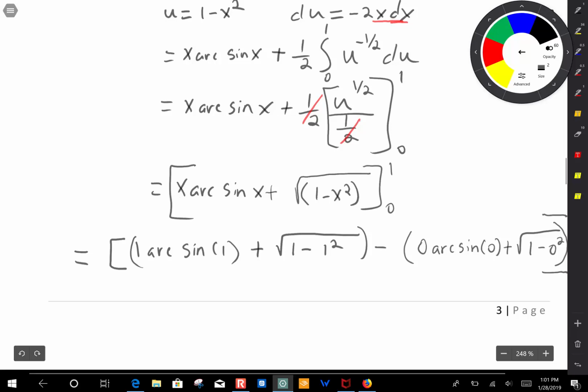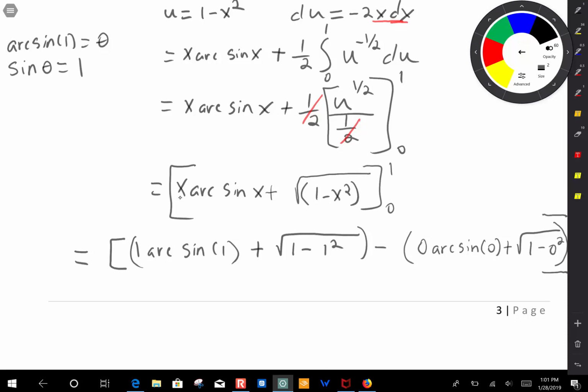All right. So remember, now arc sine of 1. Remember, arc sine of 1 is equal to theta. So we can rewrite this. That's the same thing as saying sine of theta is equal to 1. Well, the only theta that I know where sine theta is equal to 1 is pi over 2.